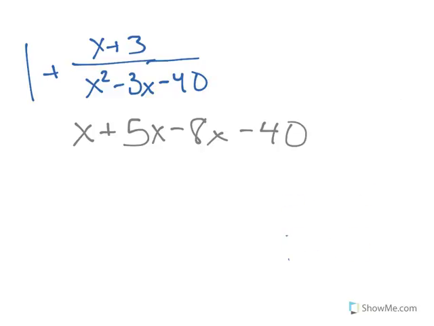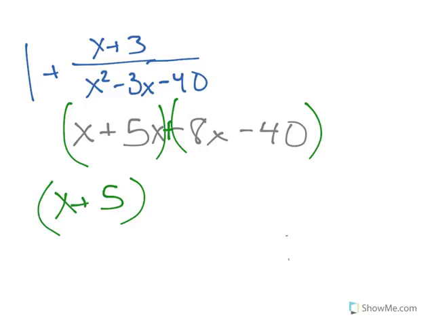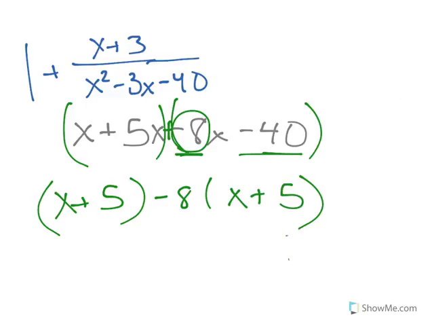And now we just group them. Here must be a plus, and so we have x squared plus 5x. And here we can factor out a negative 8, since that's a factor of both. And so we factor out a negative 8, and we're left with x plus 5.